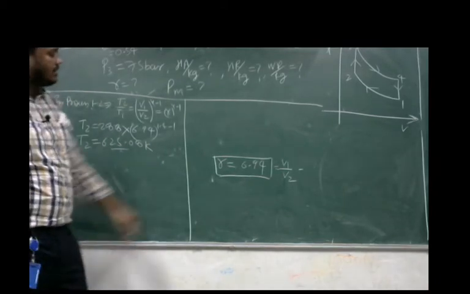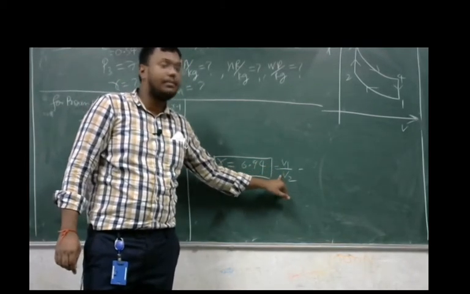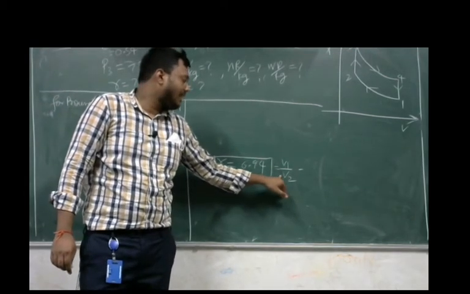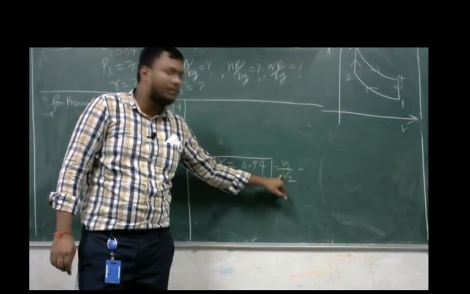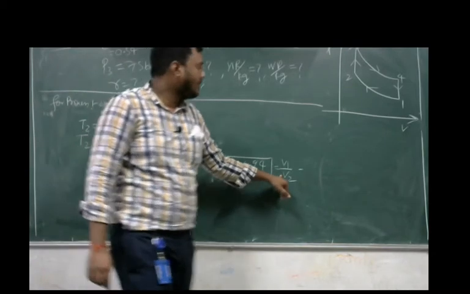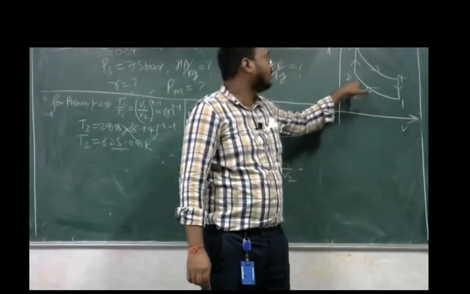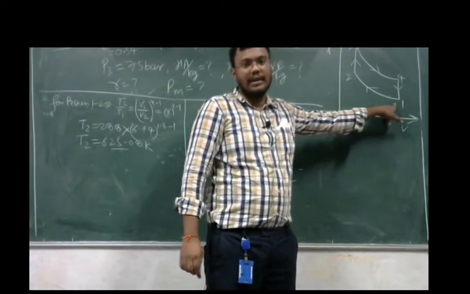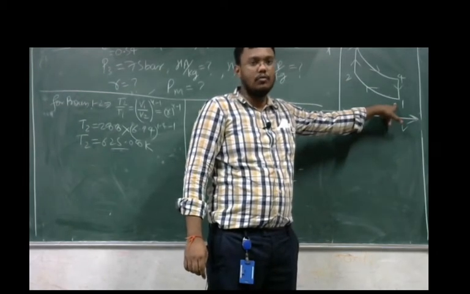Now with the help of this compression ratio r, we can also calculate the pressure, because we can relate this volume ratio with pressure ratio. From 1 to 2 this is an adiabatic process, and we know the general equation of an adiabatic process, P1 V1 to the power gamma equals P2 V2 to the power gamma.